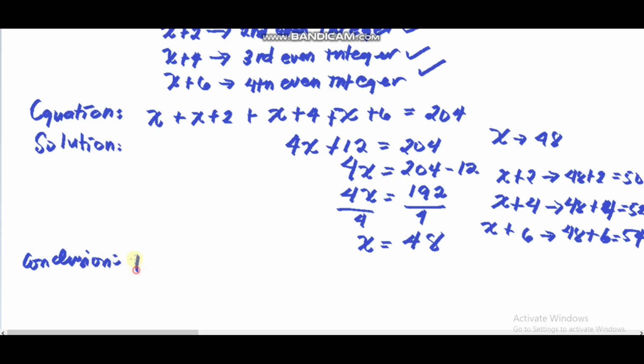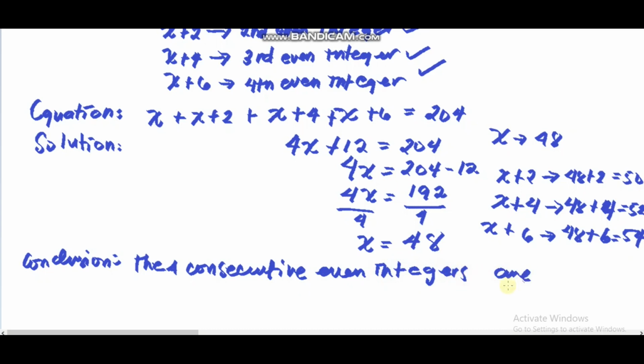The 4 consecutive even integers are 48, 50, 52, and 54.